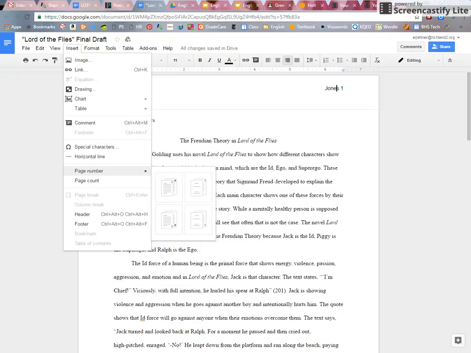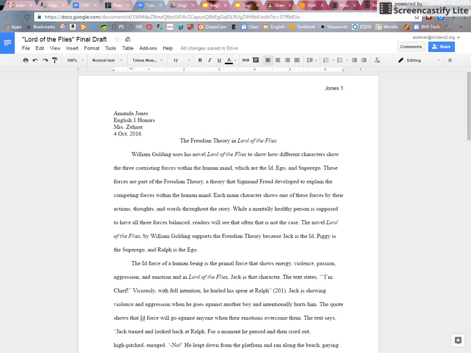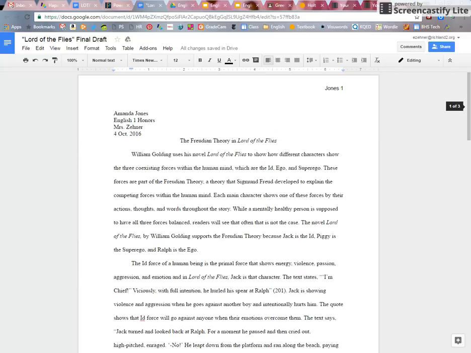This will make sure that Google or Microsoft, whichever you're using, numbers the pages for you so that the page numbers are different on each page. Then you simply type your last name. You'll then include a title for the paper that connects to the paper topic that you're writing about. And that's basic MLA format.